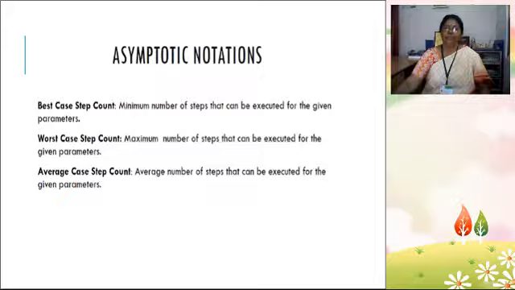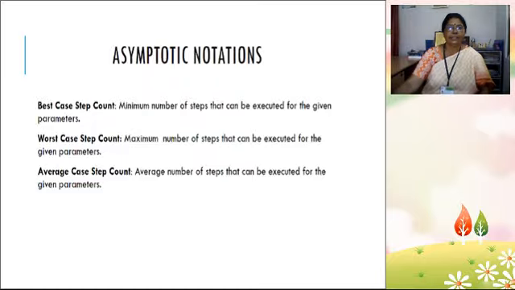But if the search element is either the first element or the last element, the time complexity increases. So depending upon the position of the search element, the time complexity varies. That is the unpredicted behavior of an algorithm. So we categorize it as best case step count, worst case step count, and average case step count.